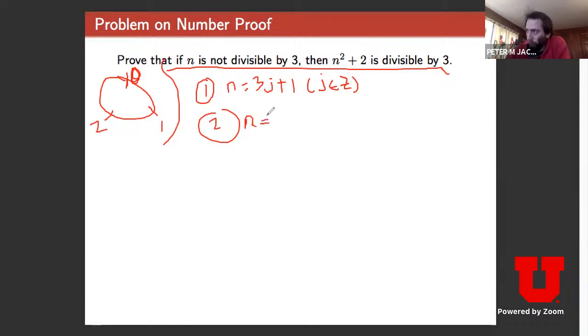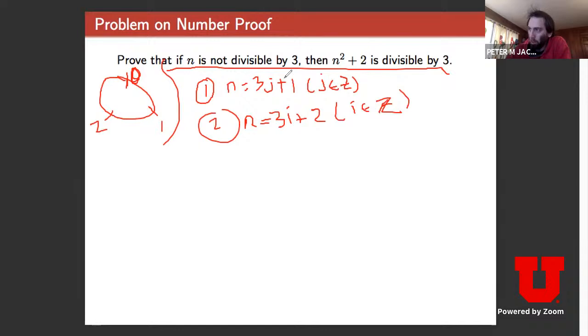So n is 3i plus 2, where I'll use i instead of j just because that can be a little confusing, where i is in Z. So one of these two things must be true.